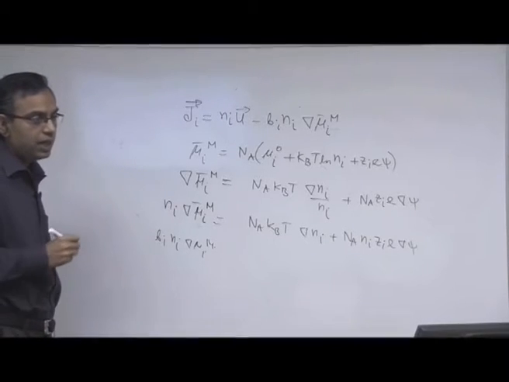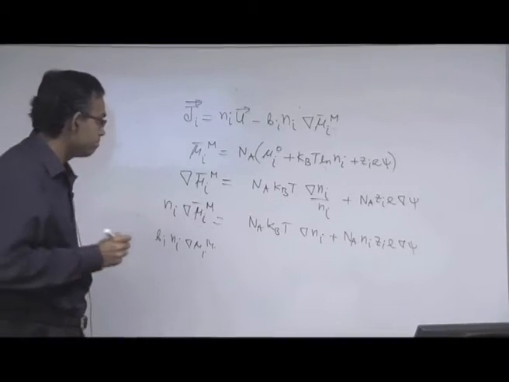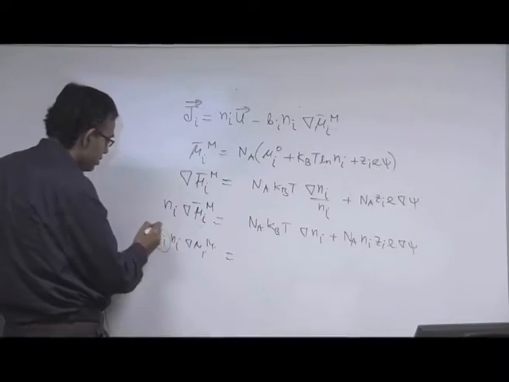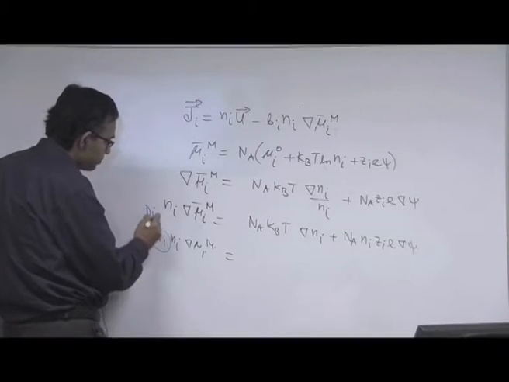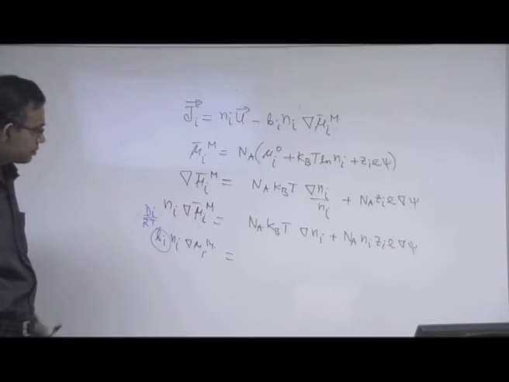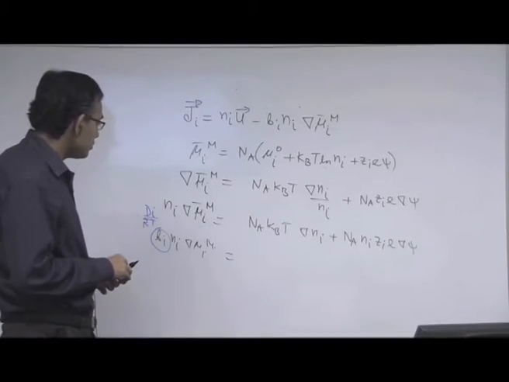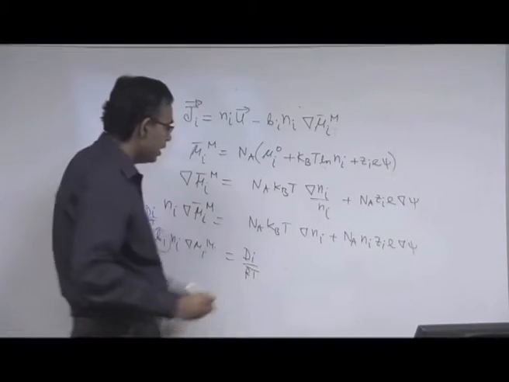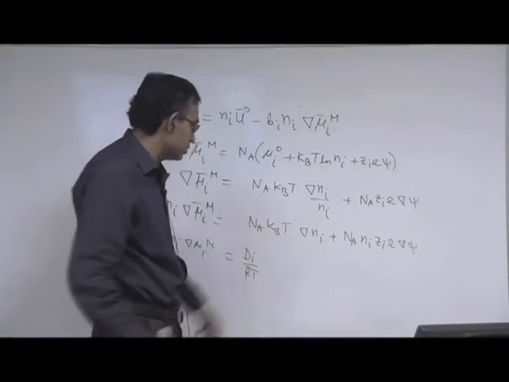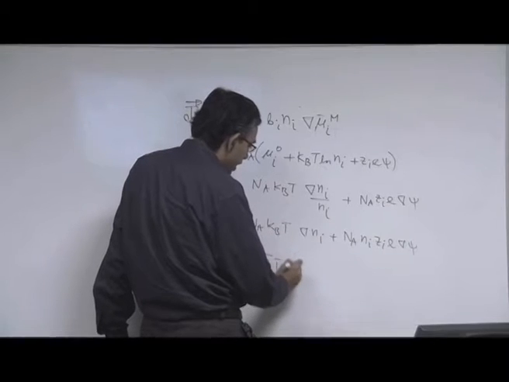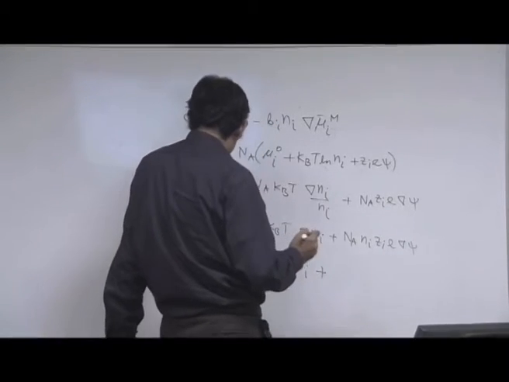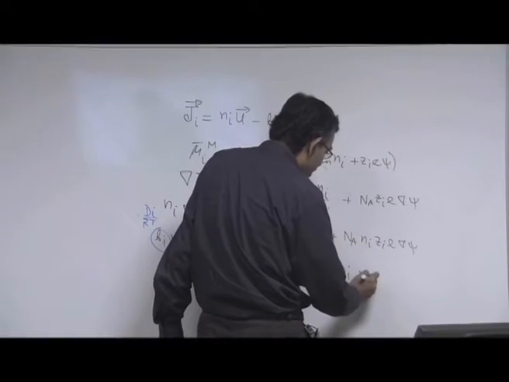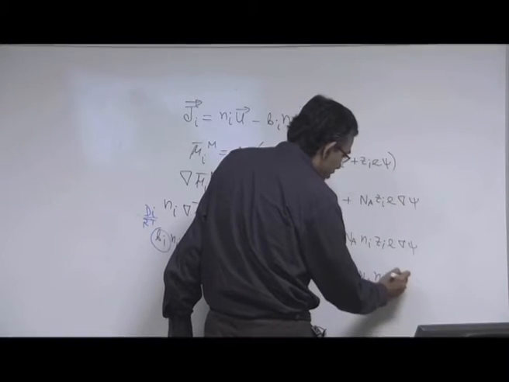Bi is Di by RT. So Di by RT, Na into kB is R, so RT grad Ni plus Di by RT Na Ni Zi E grad psi.